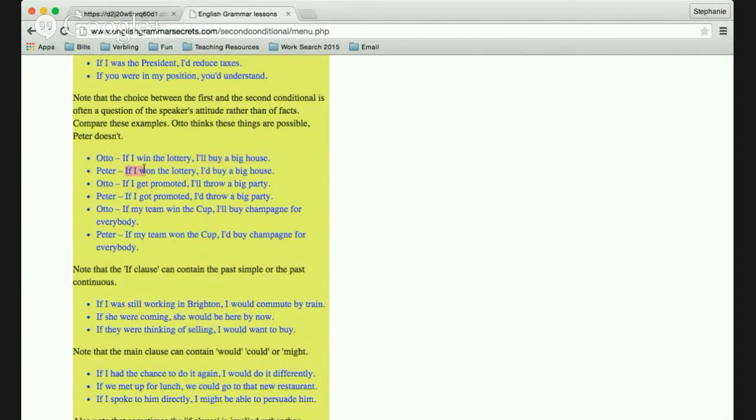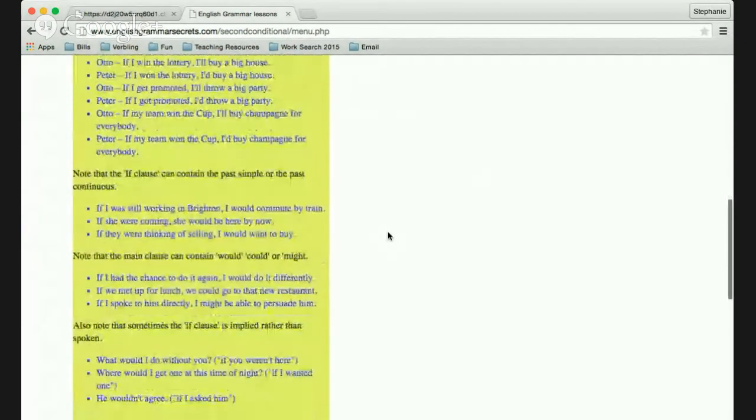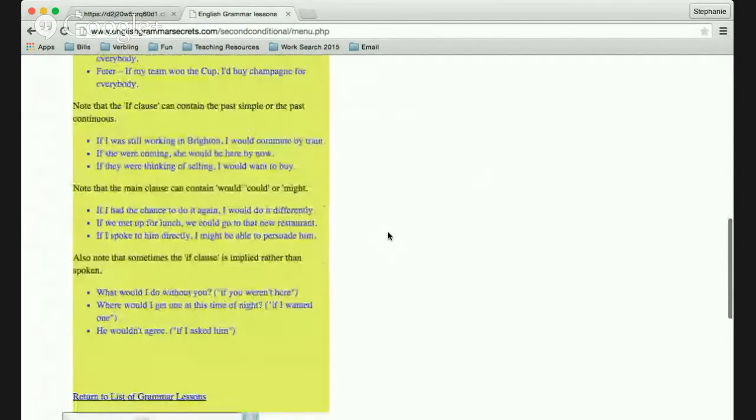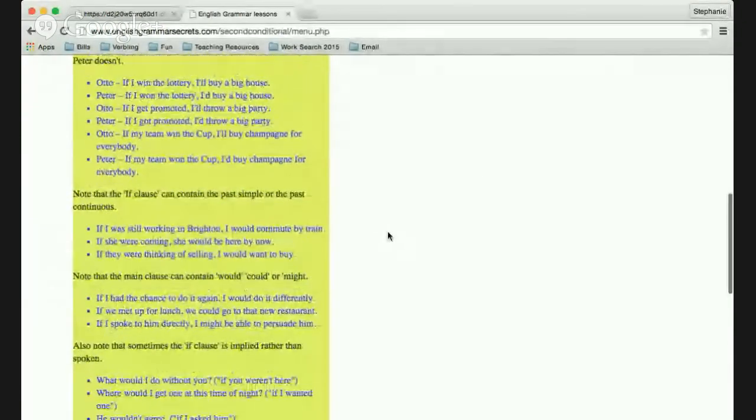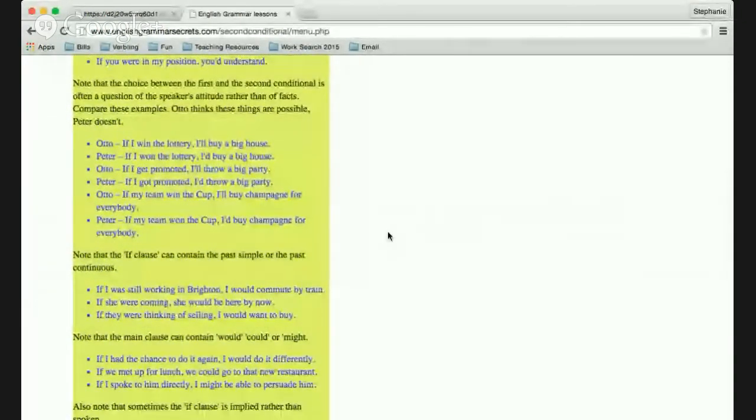Peter, on the other hand, using the second conditional, says, if I won the lottery, I'd buy a big house. Peter does not believe he'll win the lottery. He sees it as unlikely, so he uses the second conditional. All right, so any questions? Or we'll go to the exercises.